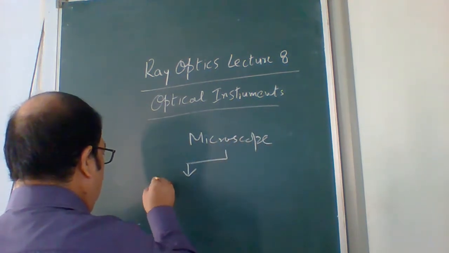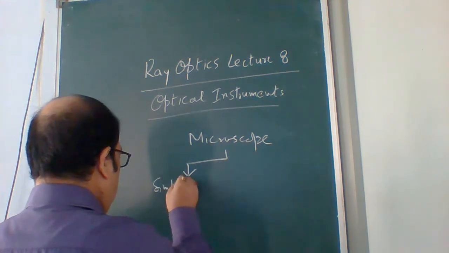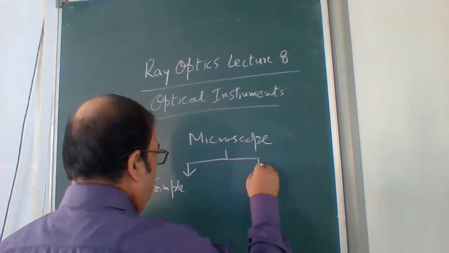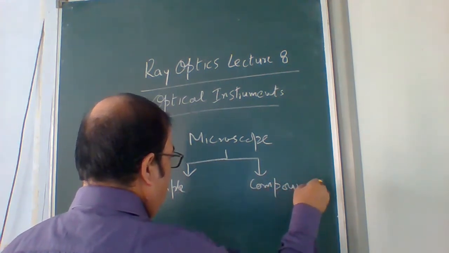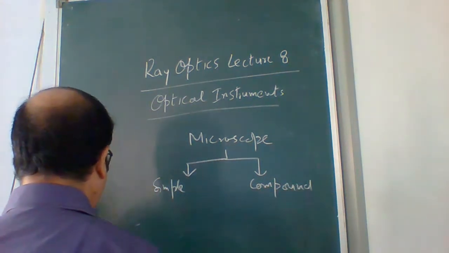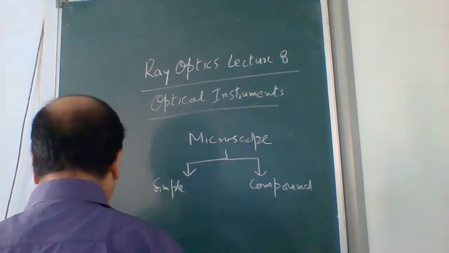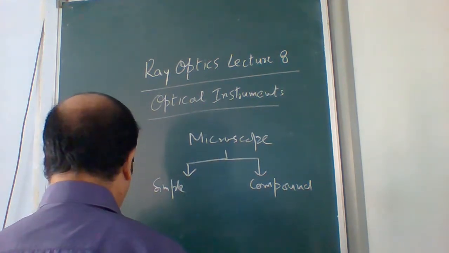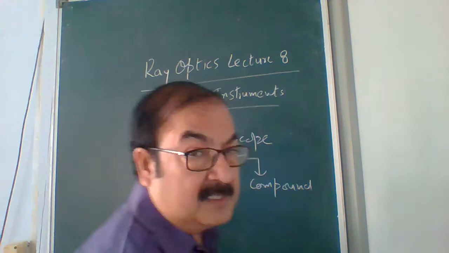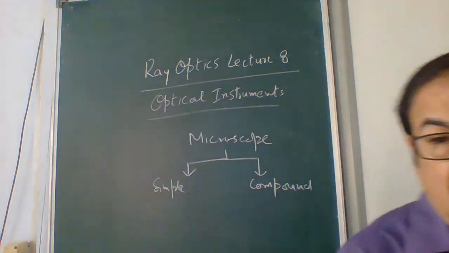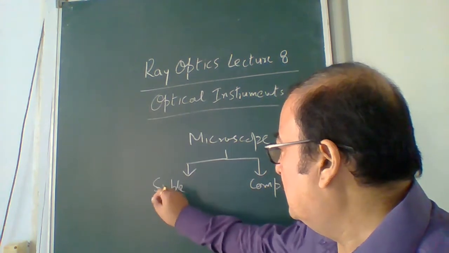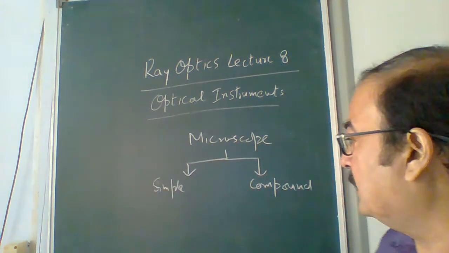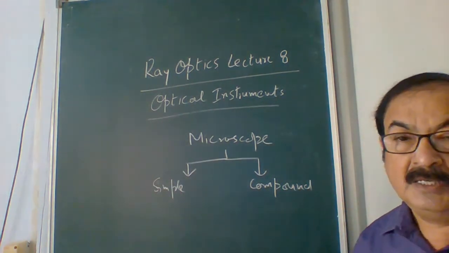One is simple, the other is compound. In the previous section, we saw there are two types of microscope. One is the simple microscope, and the other is the compound microscope.